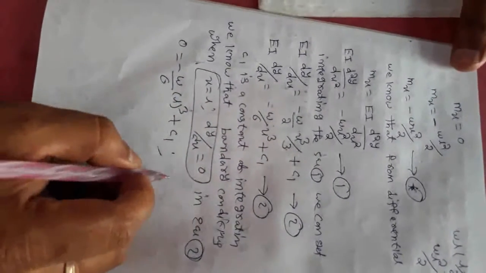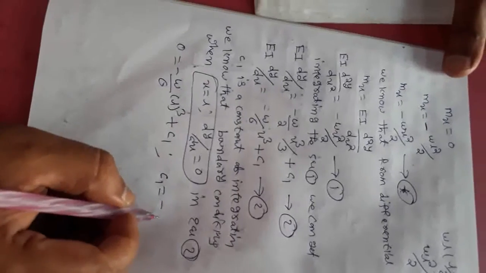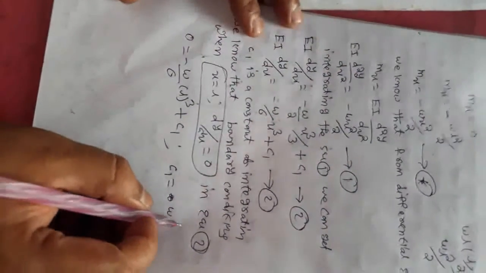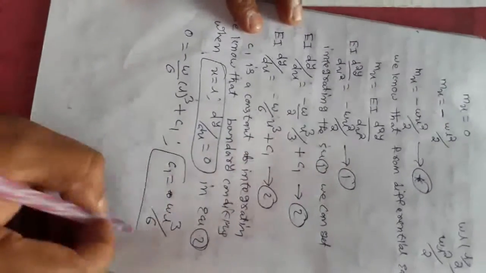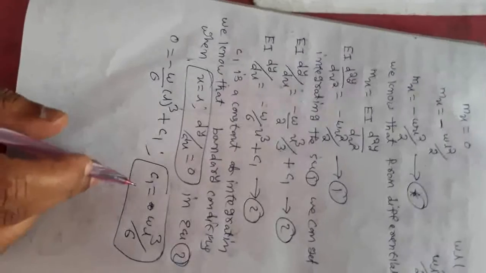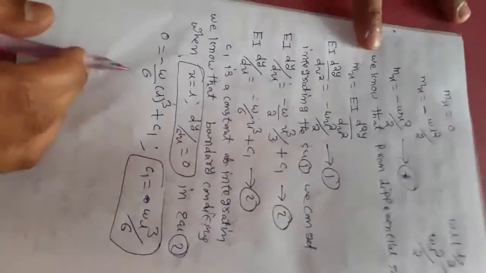So after substituting, you get the C1 value, that is W L cube by 6.